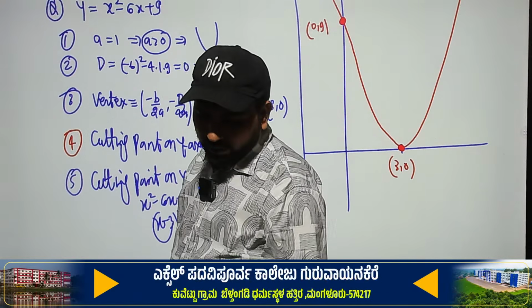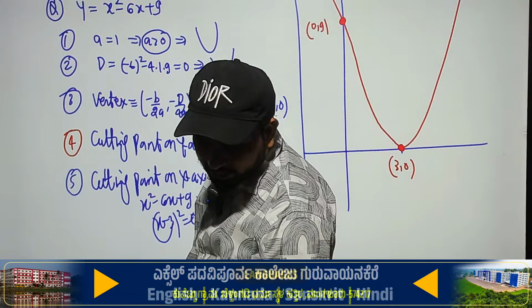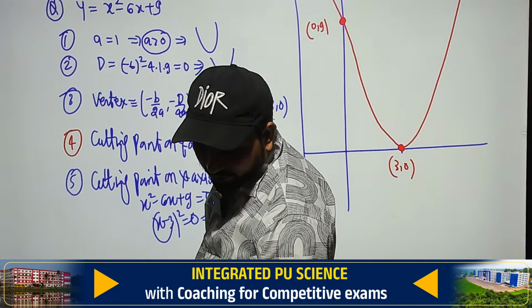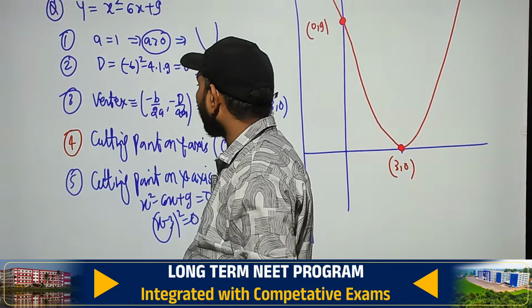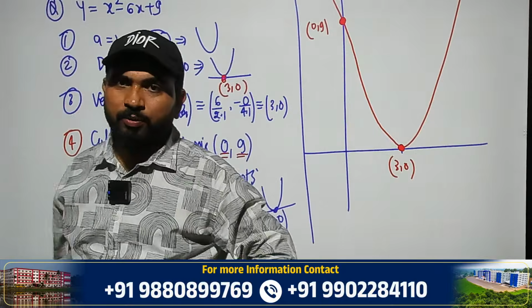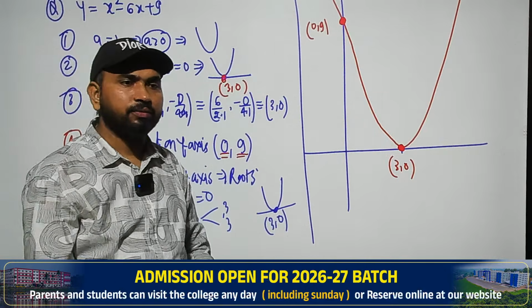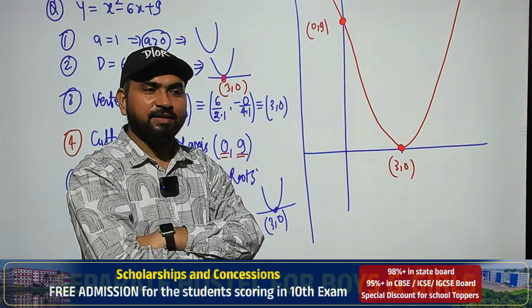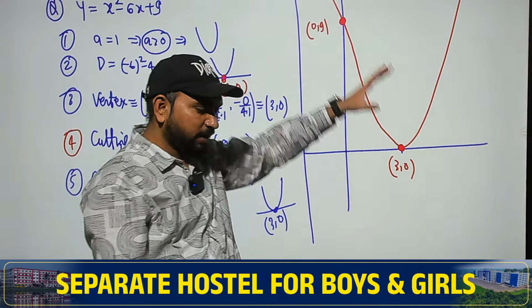Now I will give one more question so that everything is clear about this topic. Okay, I am writing one more question. Is everything clear? If any doubt in any step, you can ask. I will explain again. No issue. Everything clear, student? You know this graph in the 10th class?